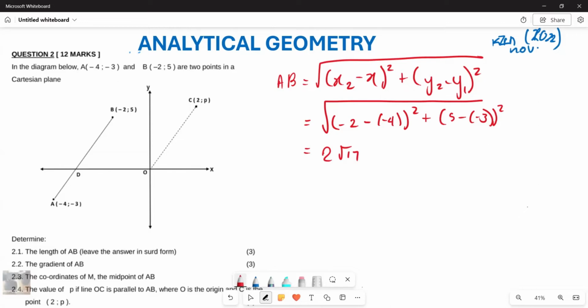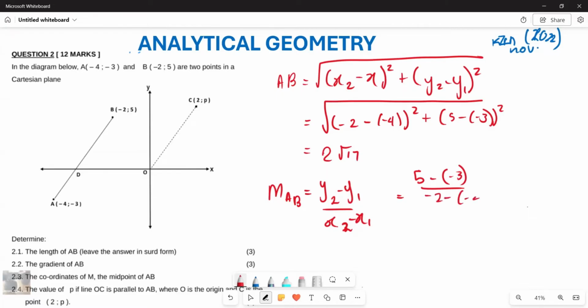Now let's look at the second question. It requires us to calculate the gradient of AB. You start by giving the gradient formula, which is y2 subtract y1 divided by x2 subtract x1. This is the same as 5 subtract -3, divided by -2 subtract -4.